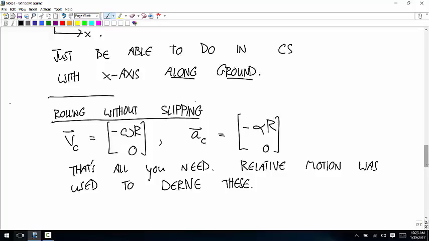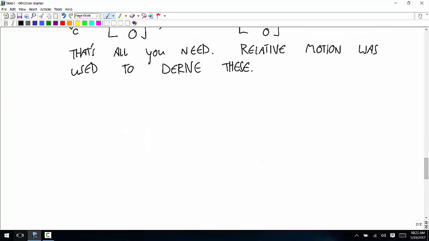So in the derivation, we have velocity of the point P with respect to the ground is equal to the velocity of the point P with respect to the center plus the velocity of the center with respect to the ground.